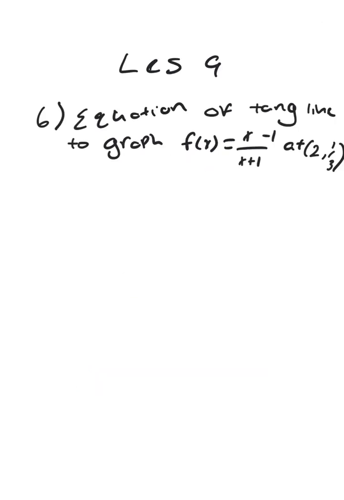Okay, similar to the problem that I just did, first we must find the derivative. The derivative of x is 1 and the derivative of 1 is 0. So 1, and then the numerator times the numerator over the derivative of x plus 1.